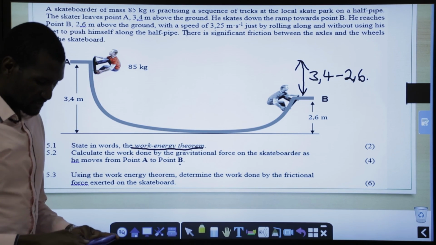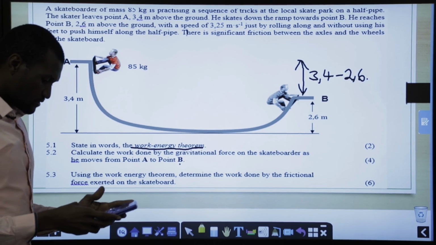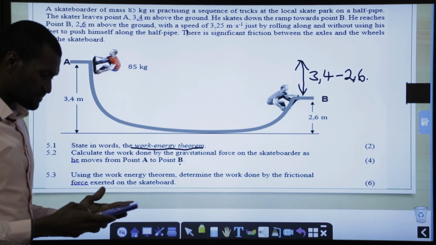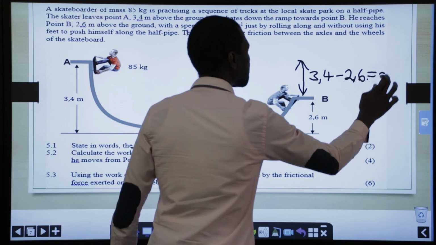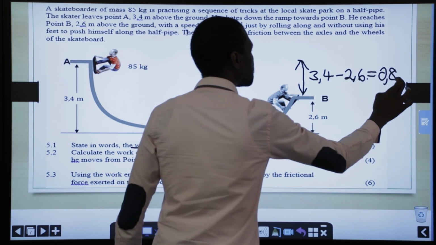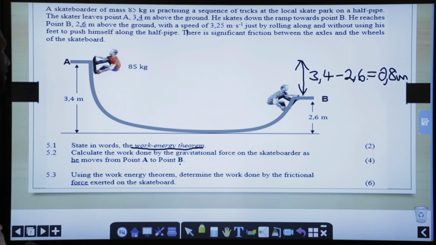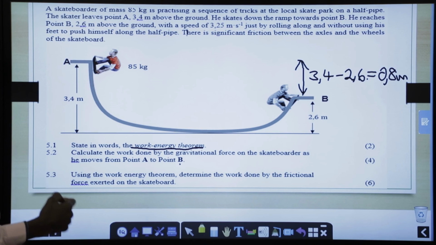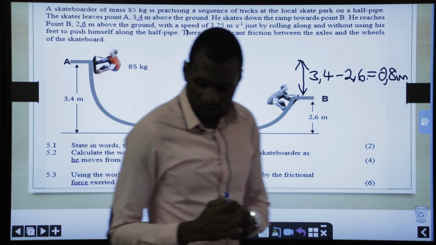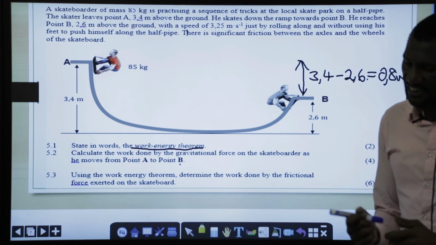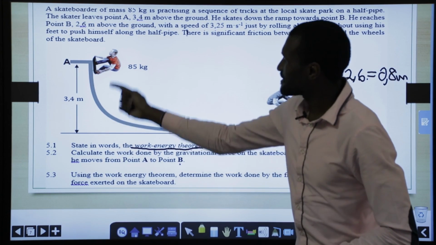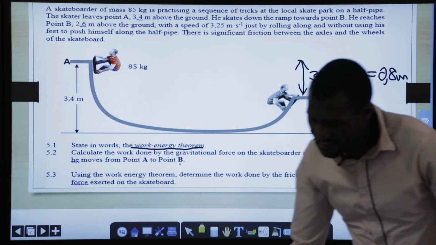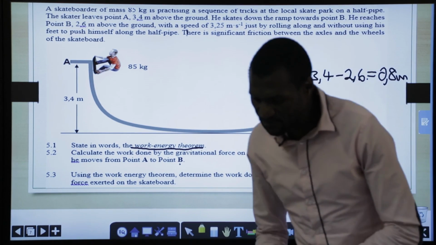Very simple. 3.4 minus 2.6, and you're getting 0.8 meters. That is the change in y, right? And remember that gravity is doing the work on this particular individual in the same direction as the movement. It's vertically, not horizontally, but vertically downwards.